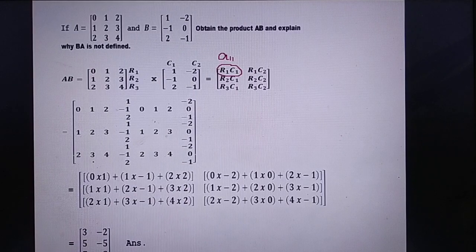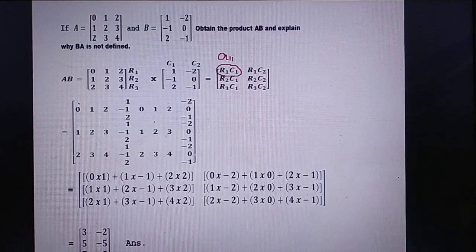Then, 0 multiplied by 1 plus 1 multiplied by negative 1 plus 2 multiplied by 2.